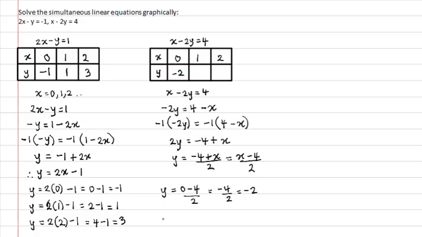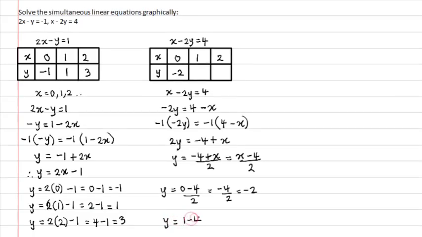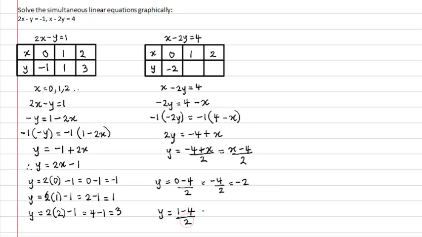Okay, so again, when x is 1, that is 1 minus 4 divided by 2. This will give us minus 3 divided by 2. So minus 3 divided by 2 is minus 1.5 in decimal. Okay, so let's write minus 1.5.